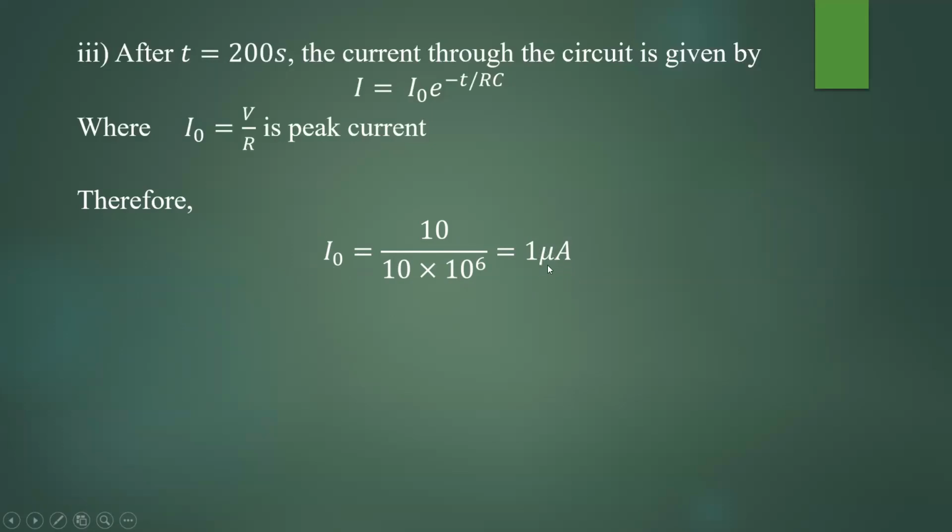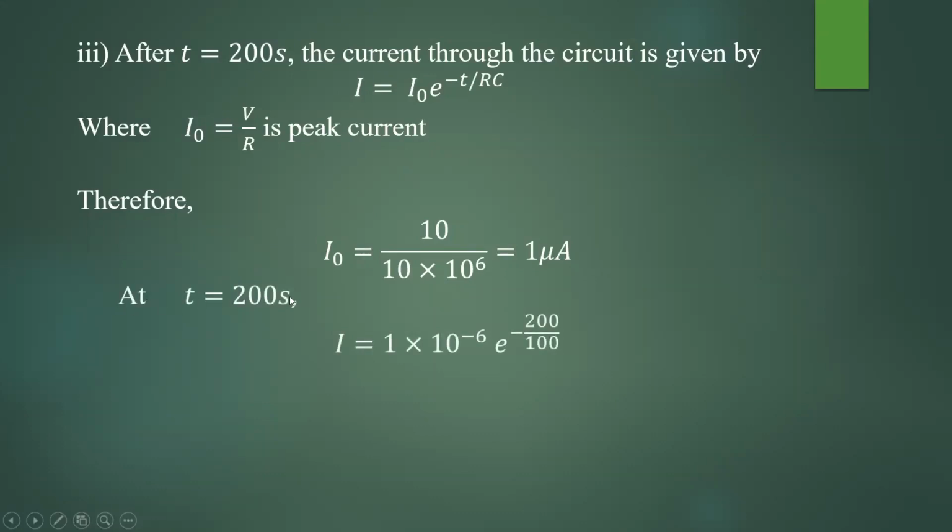Micro is nothing but 10 to the power minus 6. So the peak current I naught is 1 microampere, or 1 into 10 to the power minus 6 ampere.